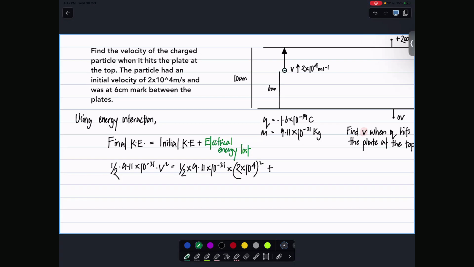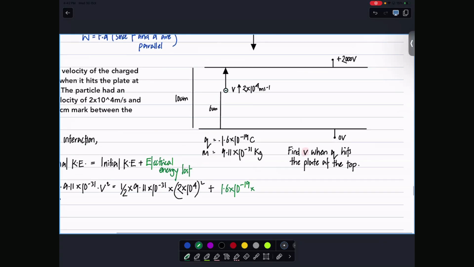Q is 1.6 into 10 to the power minus 19, times, this part is a little interesting, you need to find the potential difference. Do you find the potential difference for the whole system or that gap here? The gap, right? So how much is the PD for the gap? How will you find that?